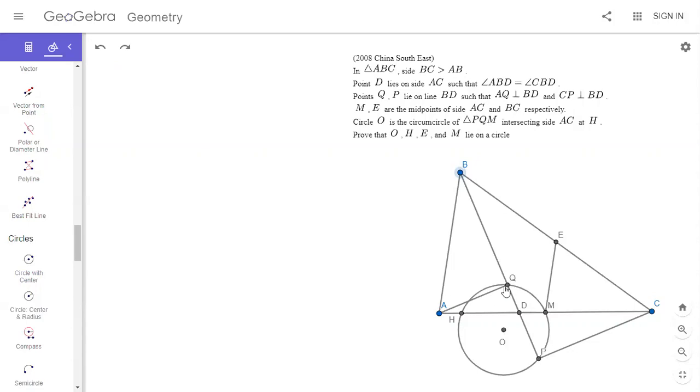I think I might have an idea on how to prove that. I'm not sure. Is that the same as saying QDM is isosceles? I'm not sure. No. PQM is isosceles.